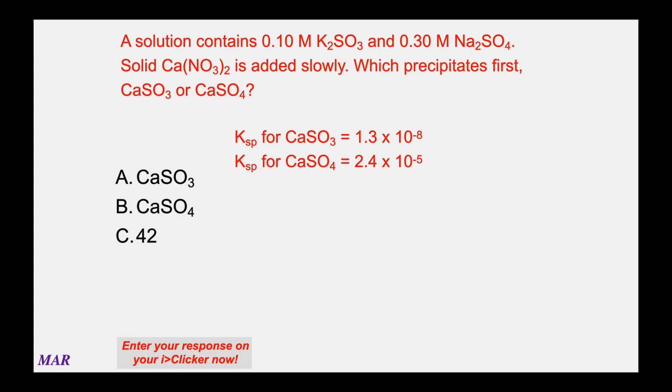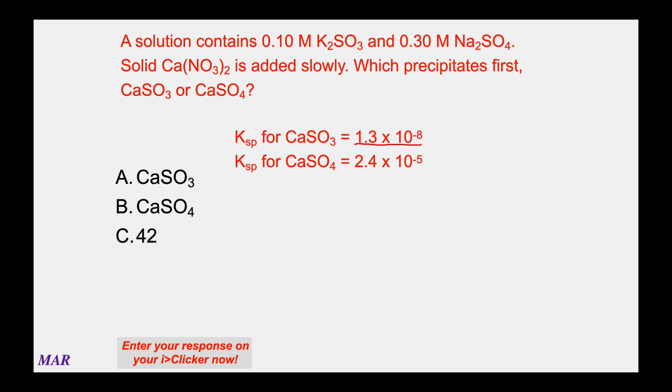But if you just look at the KSPs, 10 to the minus 8th is several orders of magnitude smaller than 10 to the minus 5. Remember, 10 to the minus 5 is bigger than 10 to the minus 8 in this kind of world. So 10 to the minus 8 divided by the sulfite concentration, 0.10, is going to be, I think, 1.3 times 10 to the minus 7.